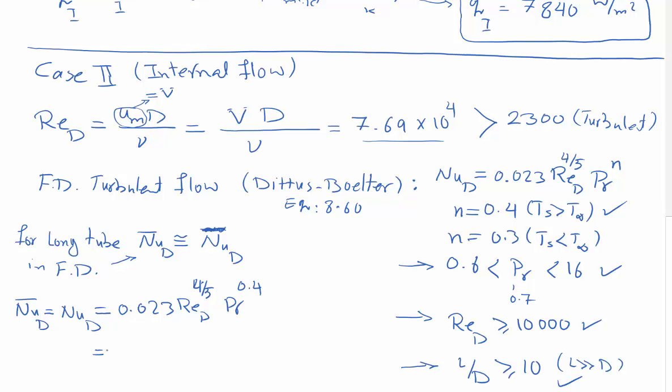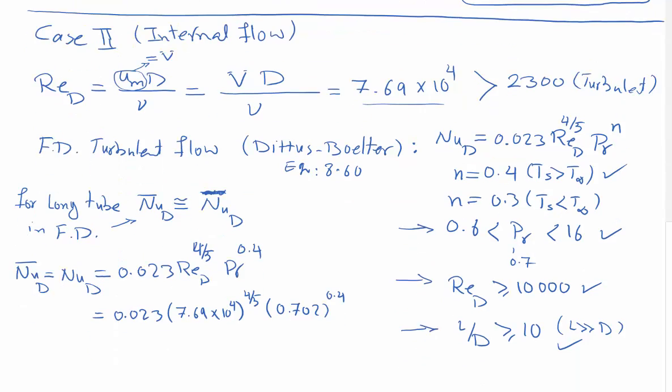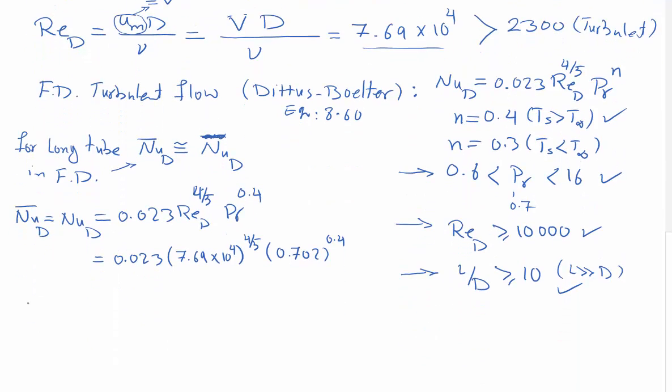Now we plug in the values that we have, 0.023, Reynolds number is 7.69 times 10 to the 4 raised to 4/5 multiplied by 0.702 raised to 0.4. So what we will get is an average Nusselt number of 162.